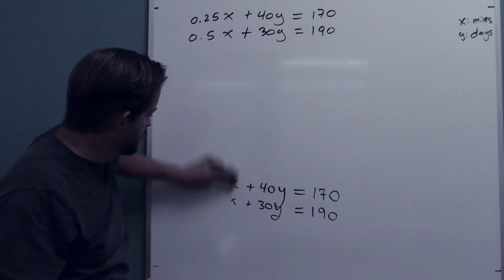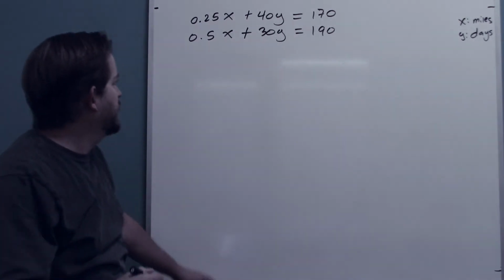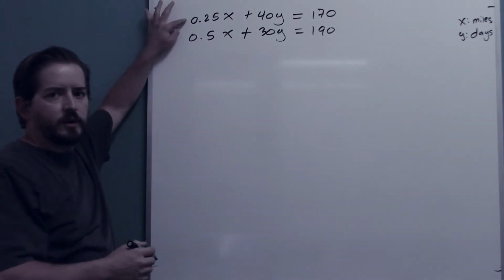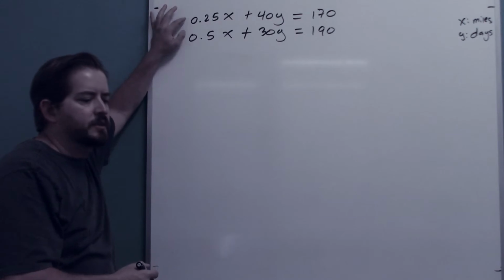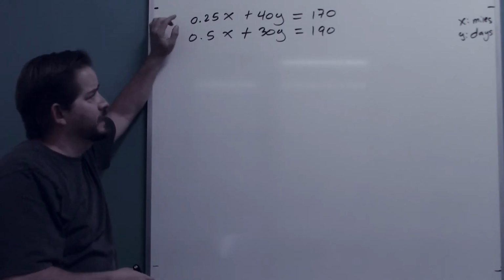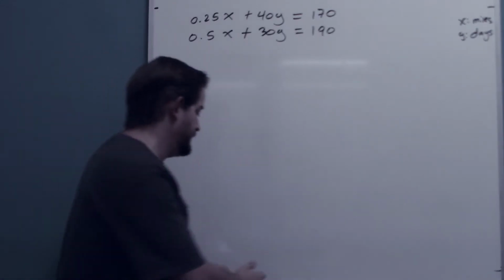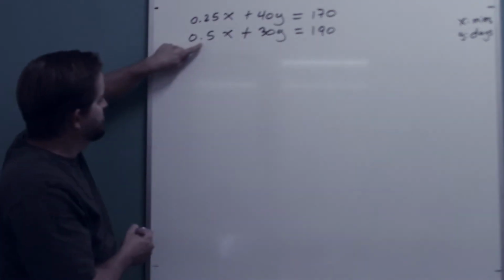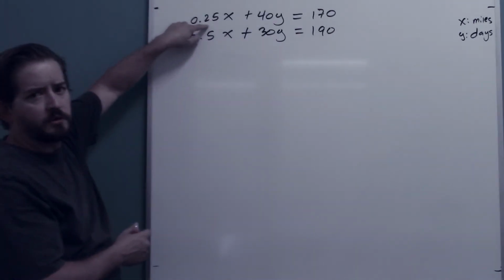Now there's a lot of things that I can do here. I can multiply everything by 100 if I wanted to get rid of the decimals, or I can just deal with the decimals. I know that 0.5 is double 0.25.